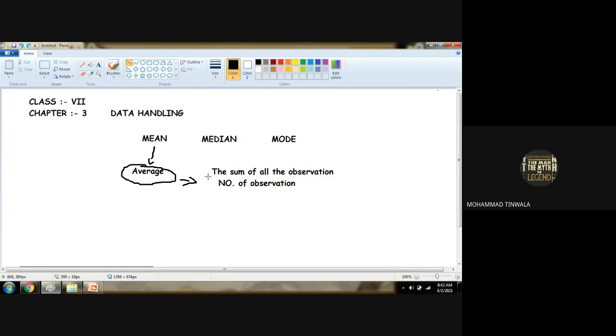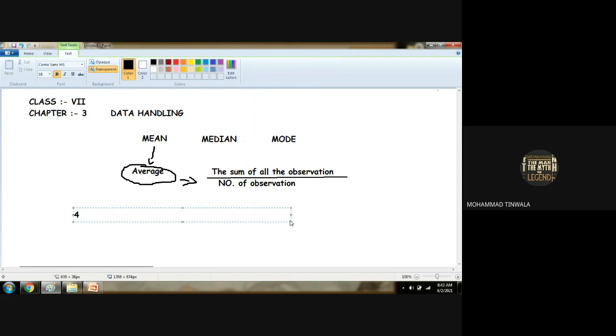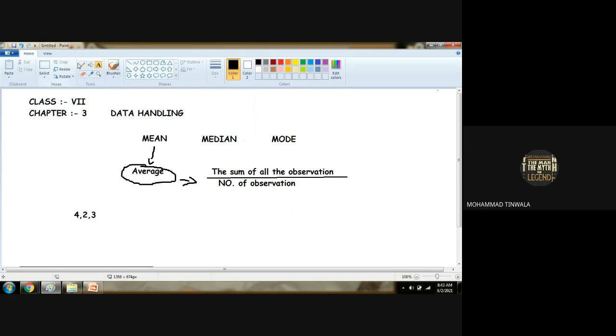Okay, now I'll explain what it means. If, for example, the data are given like this: 4, 2, and 3. These are the data given here.